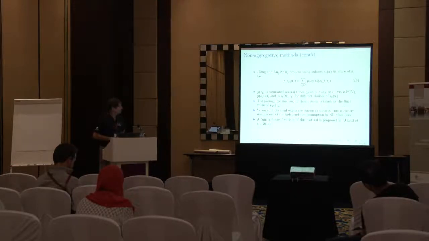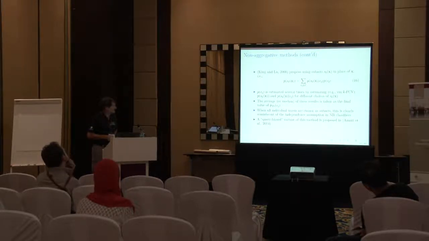So what they do is propose using subsets of this vectorial representation in place of the original representation, so that the probability of a given subset, where I guess K here indicates length, is the sum across the classes of the probability of the subset given the class times the probability of the class.